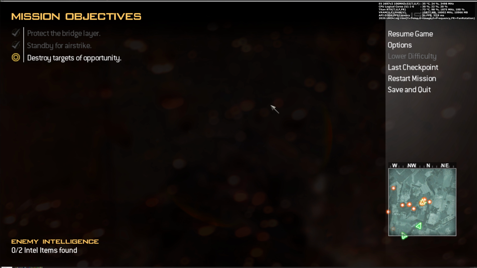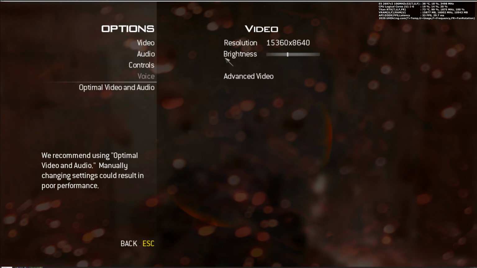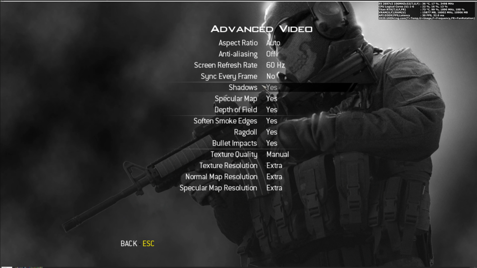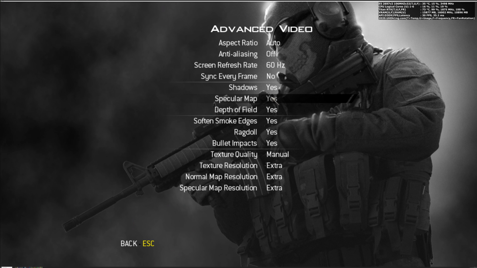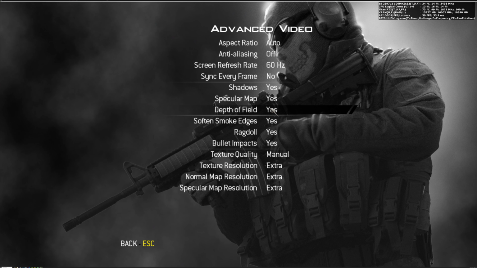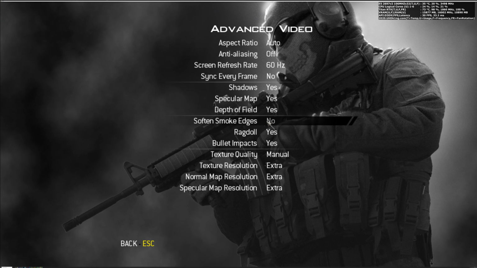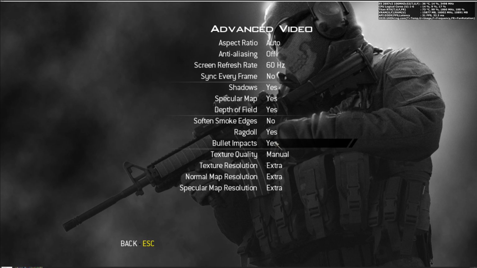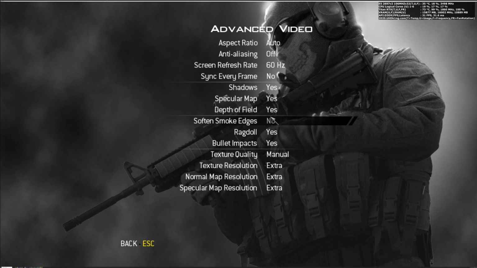So what I'm going to do now is go ahead and lower the preset. I know a lot of my subscribers are asking to lower the presets sometimes. So this is what we're going to do, and we're going to rebench it. So let's go ahead and have a look. Maybe just the texture quality.